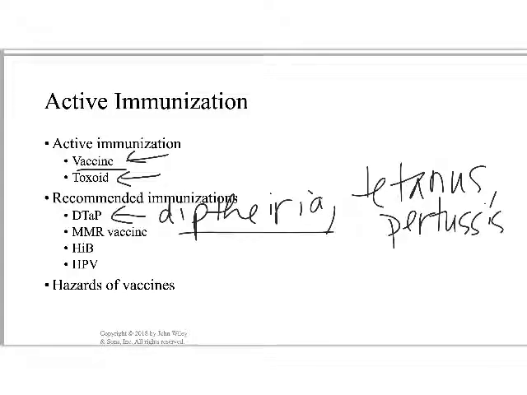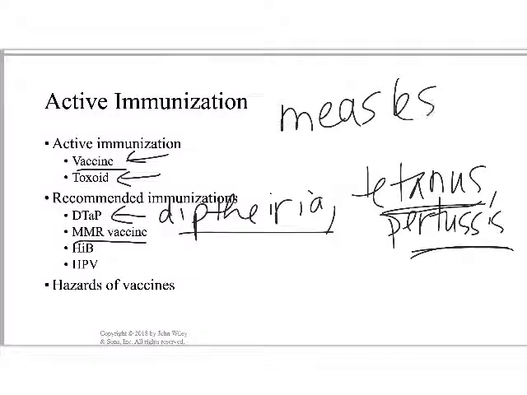Diphtheria is a respiratory disease that's pretty much eliminated, but when they stop vaccinating, it goes up. Tetanus is a clostridium, so the toxin causes muscle paralysis, and pertussis is whooping cough. And then MMR is measles, mumps, and rubella.